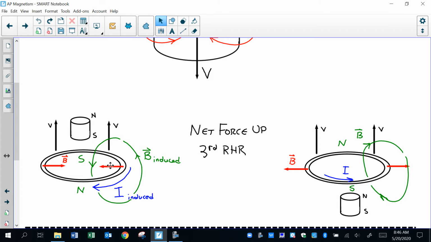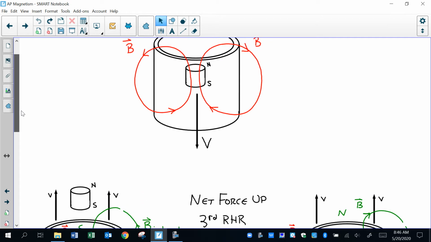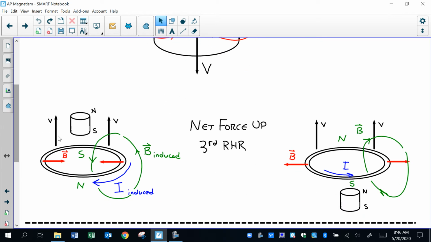If I have a green magnetic field that looks like this, look at the red magnetic field and see how it points. If I have a north up and a south down, my magnetic field points like this, with my arrow coming in the bottom and going up to the top. Well, here I have in through the top and down through the bottom.